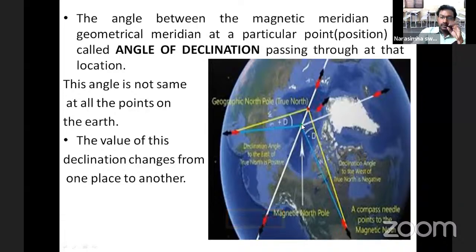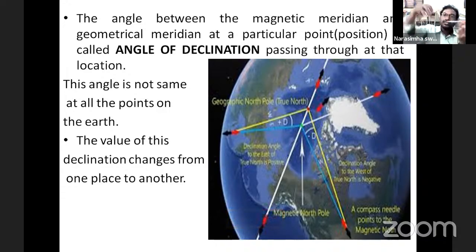angle between this position is very important, that is, from where you are looking. See, for example, I kept it like this. This is, for example, geometrical north, and this is, for example, magnetic north. From my side or from your side, we are looking at these two as separated by a distance, and these two are making some angle.